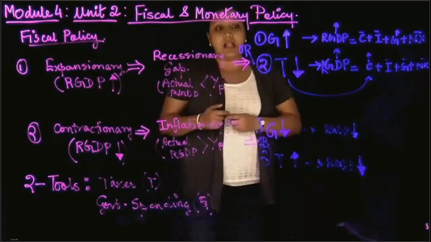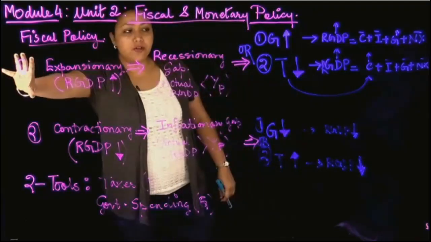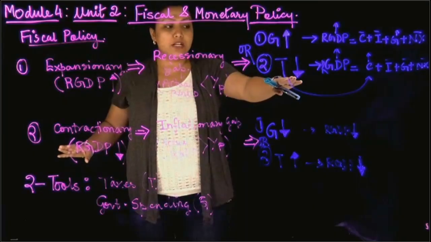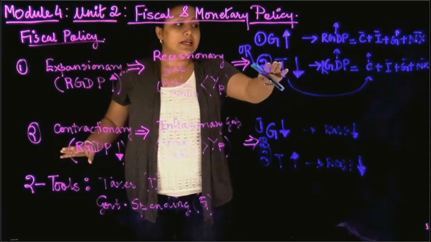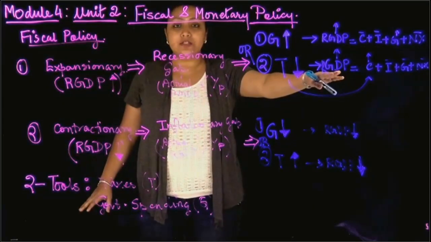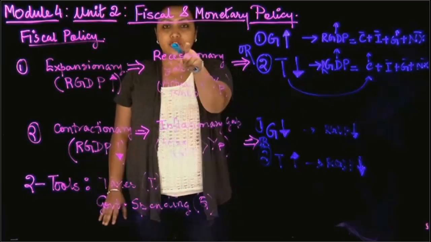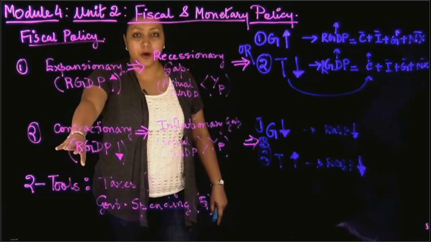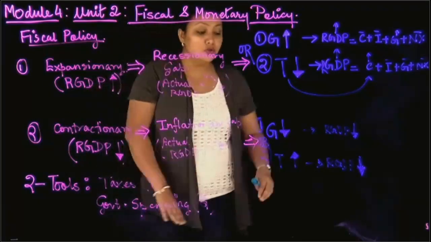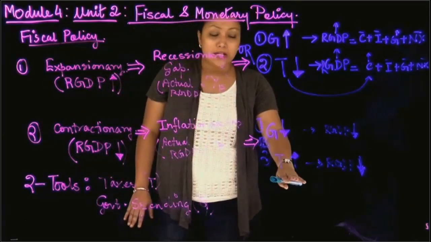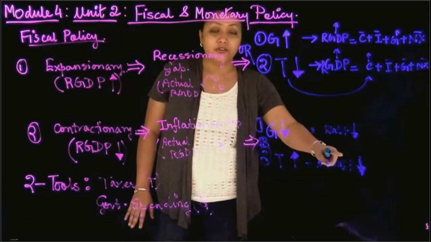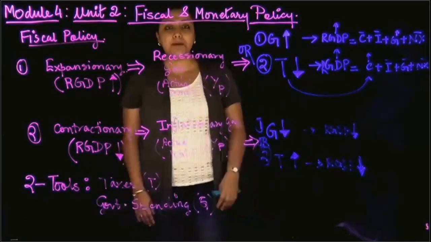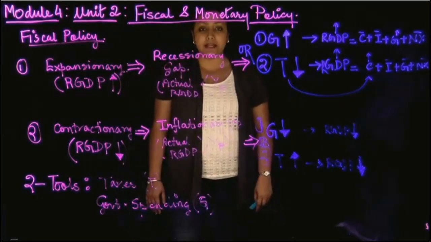So now you know that an expansionary fiscal policy means an increase in government expenditure or a decrease in taxes, and it will lead to an increase in the real GDP and bridge the recessionary gap of the economy. Whereas a contractionary fiscal policy is executed through a decrease in G or an increase in taxes, such that the real GDP will decrease and the inflationary gap in the economy would be taken care of.